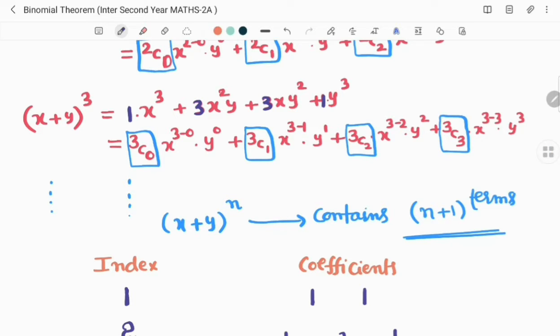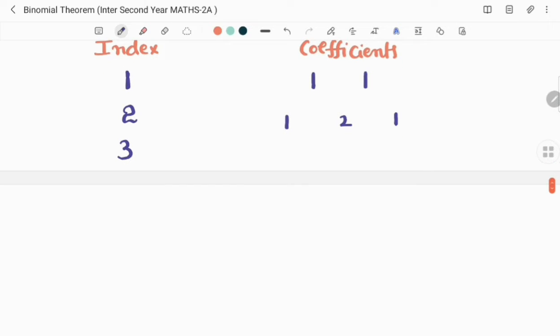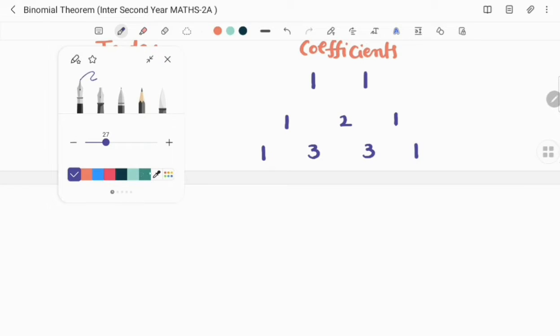These are the coefficients. See here 1, 3, again 3, again 1. So here, based on the index, the binomial coefficients are there. So the relation, how it will be, that I am going to explain.